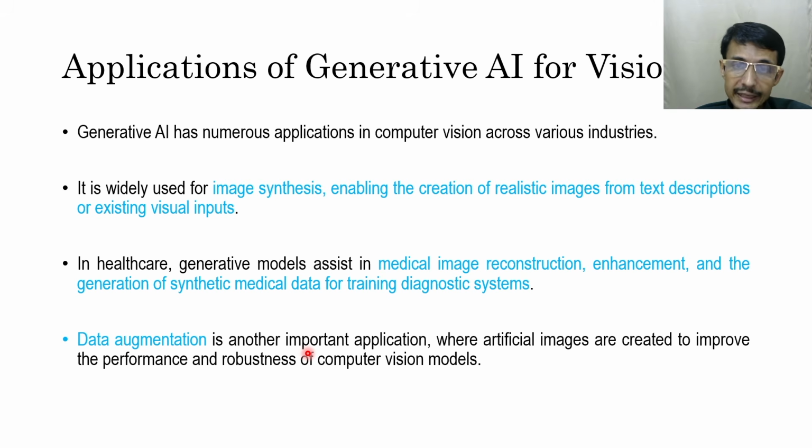So we have to be very careful what data we are synthesizing. It should be very much realistic, and the corresponding annotation should be very close to the actual annotation. So these are one of the major application areas of medical imaging.